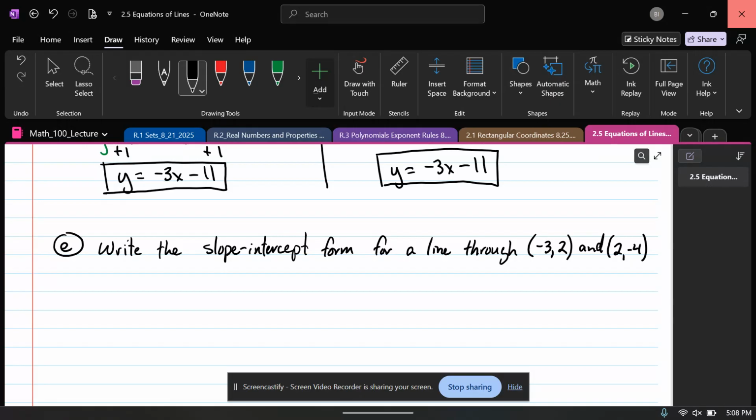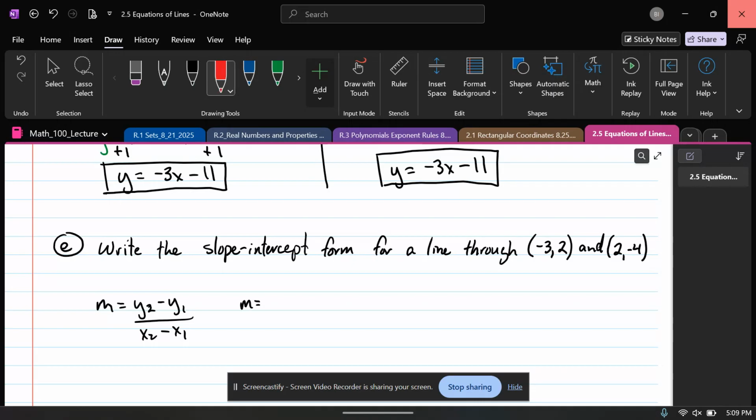Example B. So if I'm going to write slope-intercept form, the first thing I need is a slope. I don't have that, but I do have two ordered pairs. So I can use my slope formula, y2 minus y1 over x2 minus x1, and I'm going to find my slope. So m equals.